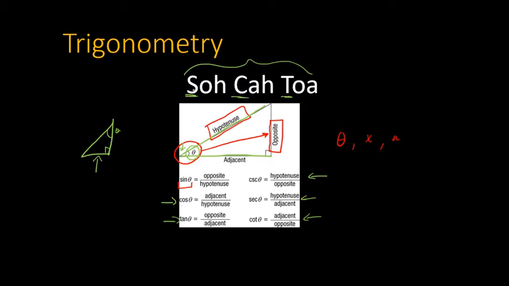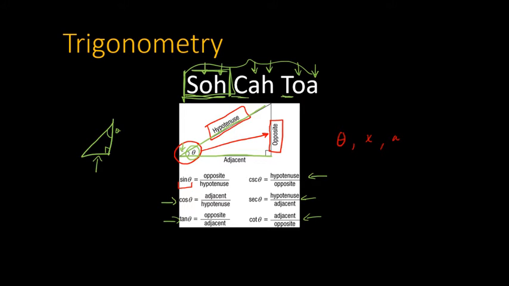It helps you remember that sine is equal to opposite over hypotenuse, cosine is equal to adjacent over hypotenuse, and tangent is equal to opposite over adjacent. Again, this applies to right triangles, excuse me. And for today, I really just want you to know how to find sine.